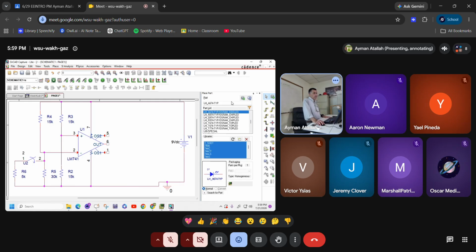Okay. So I need the Darlington pair. It's called TIP122. It is here. I'm going to put it here.